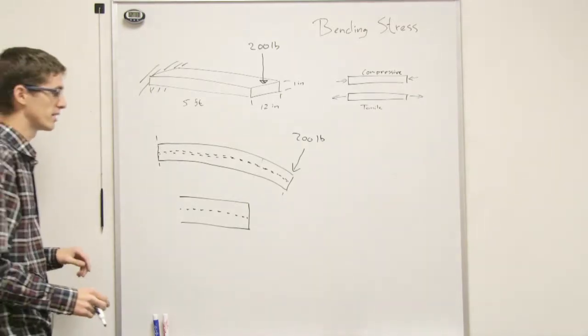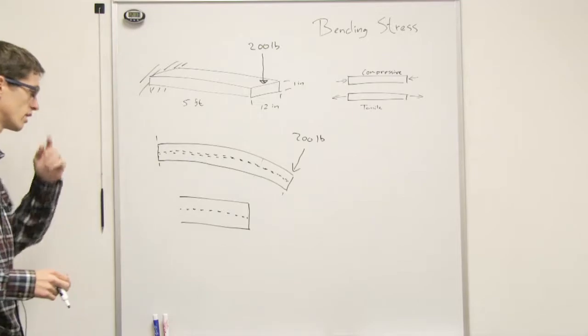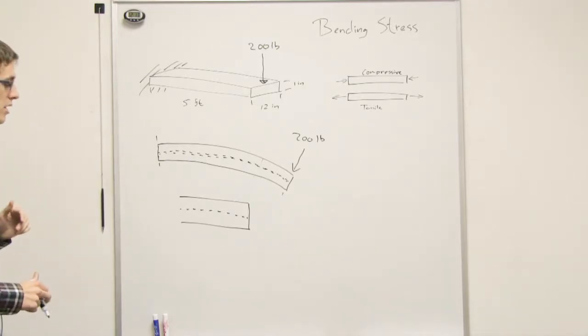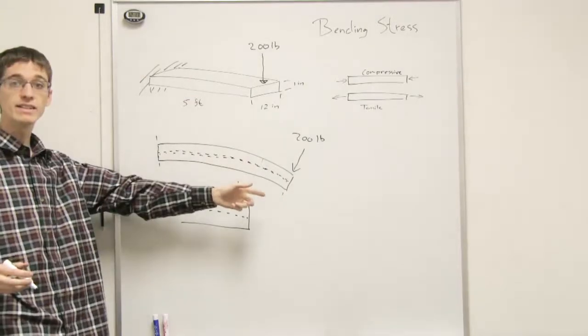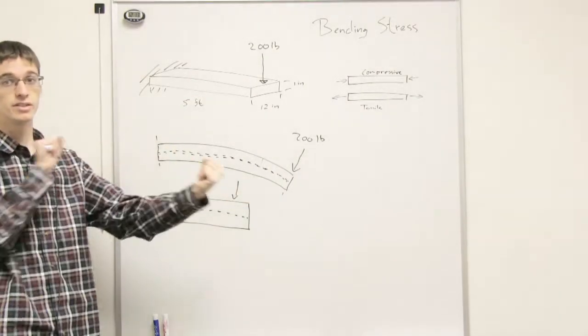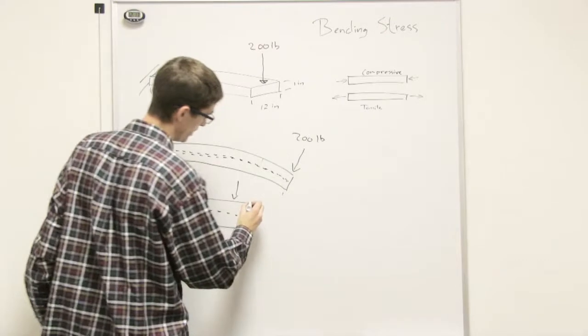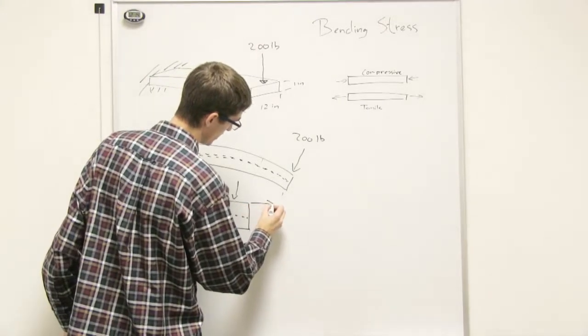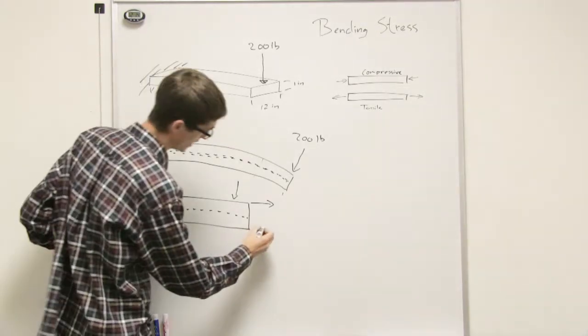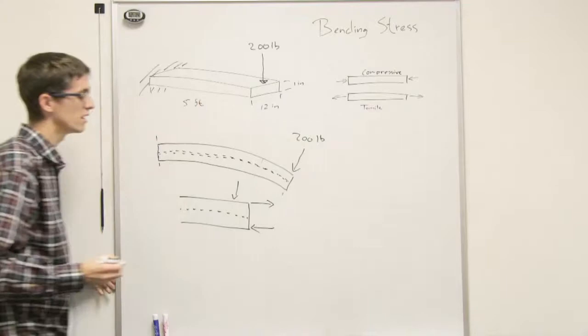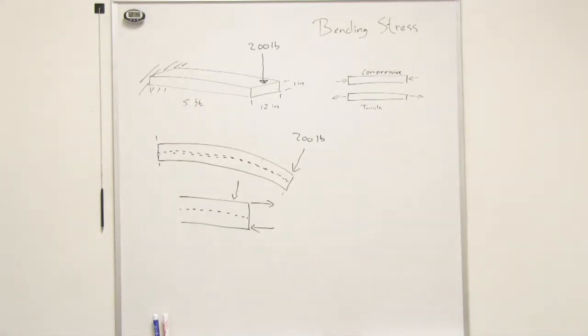I don't know how much it changes, but it's going to change some. As this force is being applied, this top face is going to start stretching. It's going to be in tension, so we get some sort of tensile stress on that top face, while the bottom face is going to start compressing in response to that bending.